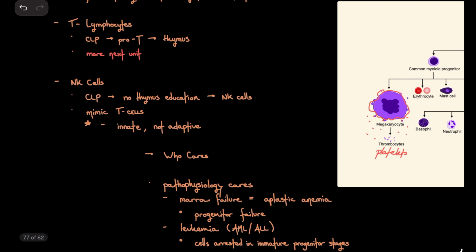And then these weirdos, the NK cells, I told you, right? These are part of the innate system. They are not adaptive, but their lineage, they are from the common lymphoid progenitor, so that makes things a little confusing. So they go down that pathway, but they do not go to the thymus. They do not get educated in the specific way that T cells do. So that lack of education almost produces NK cells.